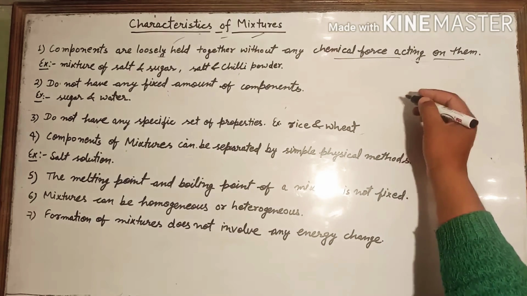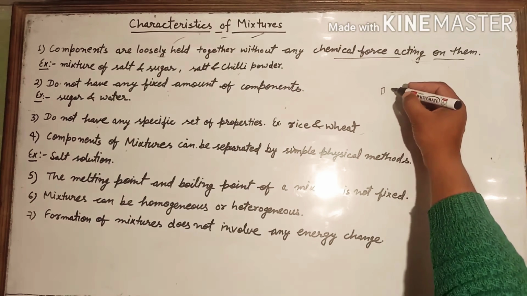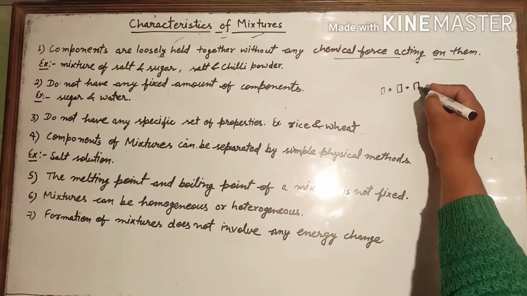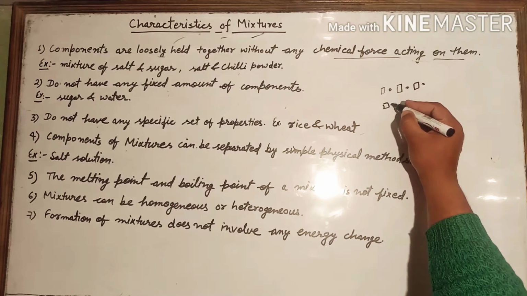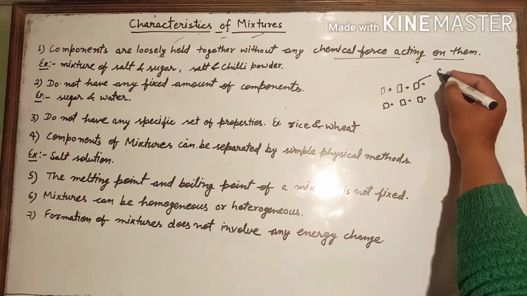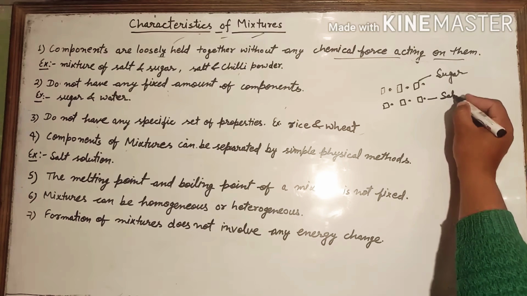What you will see if there is a mixture of salt and sugar like this: I am showing the components of salt and sugar. These boxes are the sugar component and these dots are the salt component.